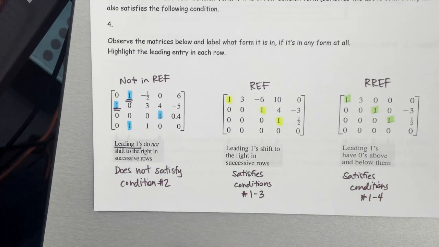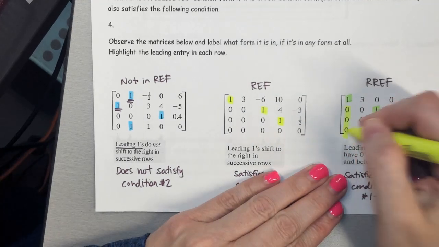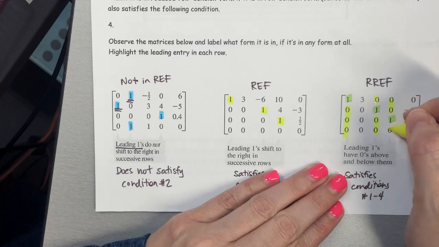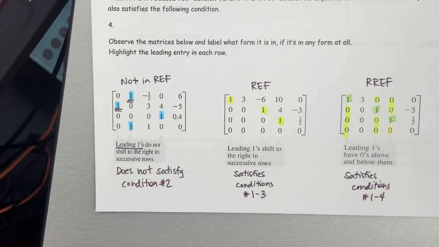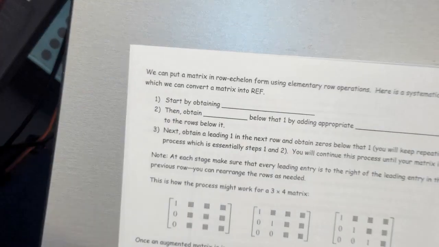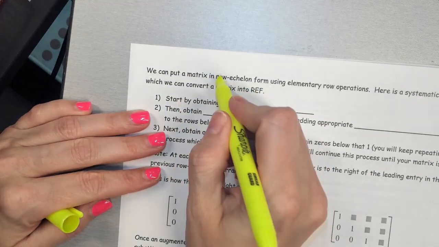Okay, and again, that is because you have the zeros below, you have the zeros above and below there. Okay, so that's when you have that reduced row echelon. Okay, so we can put a matrix in row echelon form using those elementary row operations that we talked about yesterday.